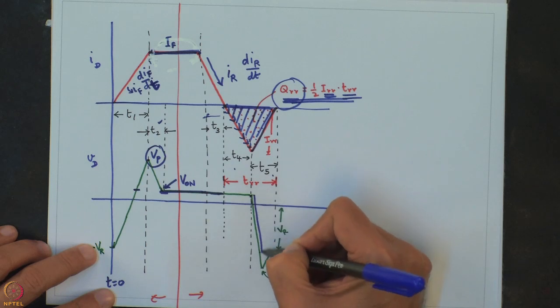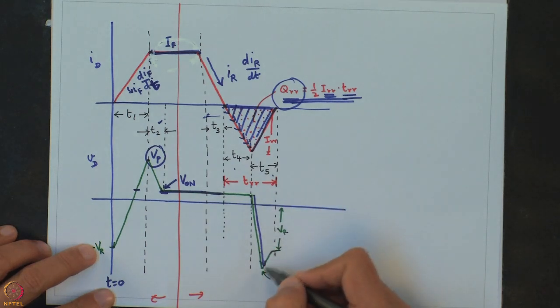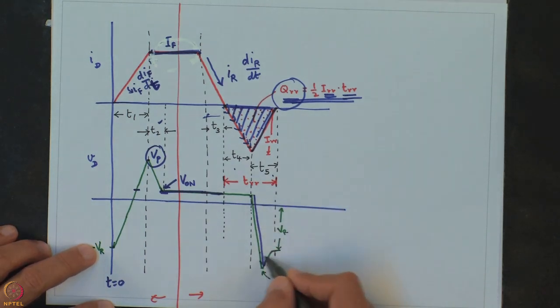Now, at the end of interval T4, when the charge carriers have been swept off, the diode junction becomes reverse biased, and when it gets reverse biased, you can see that the voltage suddenly falls. And again, because of the stray inductances, it shows some overshoot.